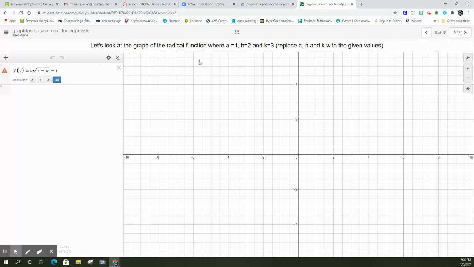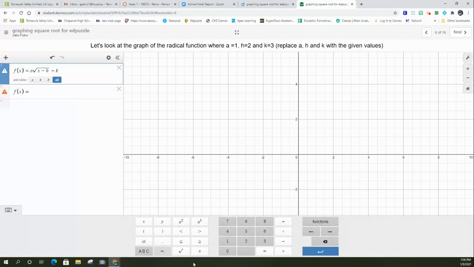Okay, so let us look at that graph. So again, let me just retype it. Let's look at the graph. Oops, wrong spot. Square root x minus 2 plus 3. All right, so what do we notice here, right?